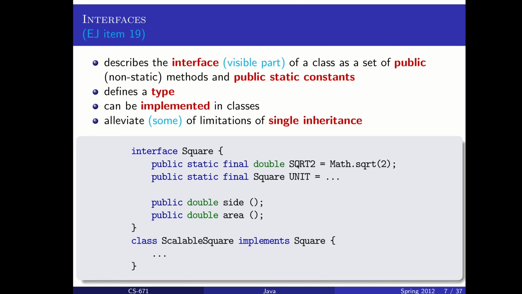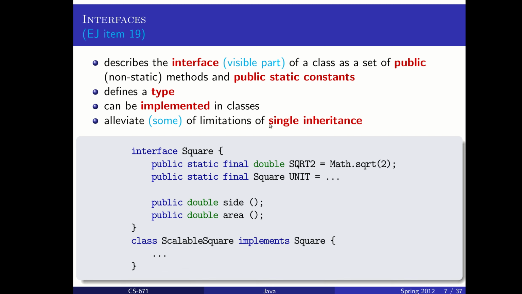Typically, an interface is mostly going to define the method signatures. It may also come with some variables, like static constant variables that are useful for all things that are going to use that interface. It does define a type, much like a class does, but it then is implemented in classes, and you'll do this for some of your homework projects.